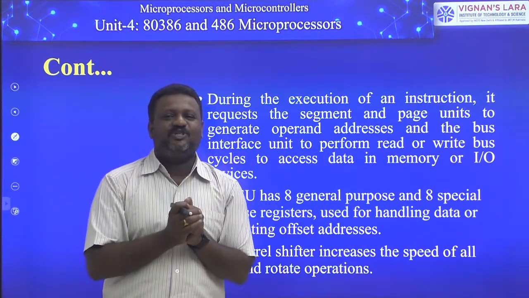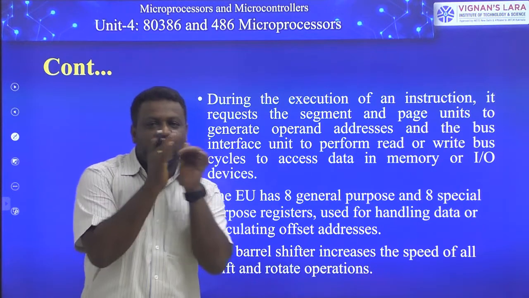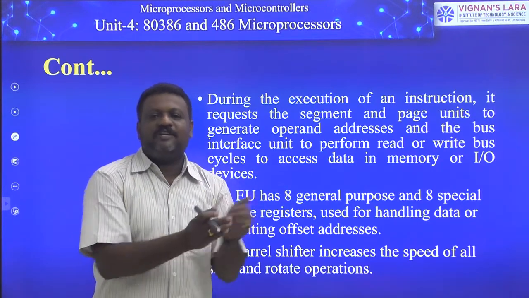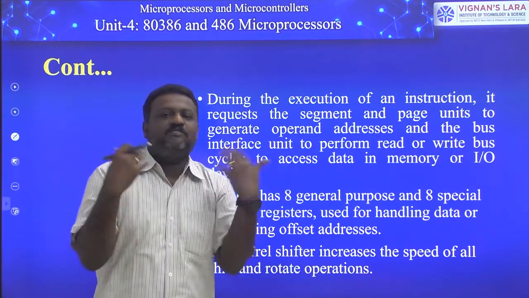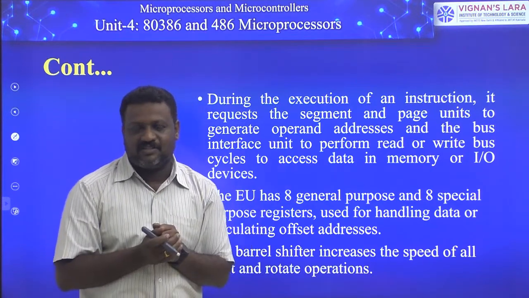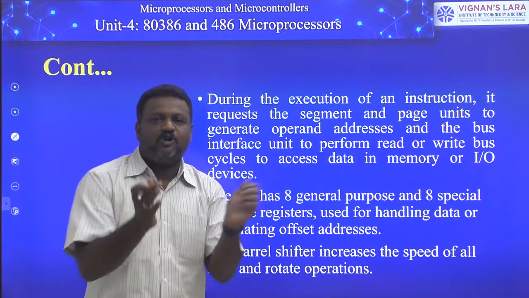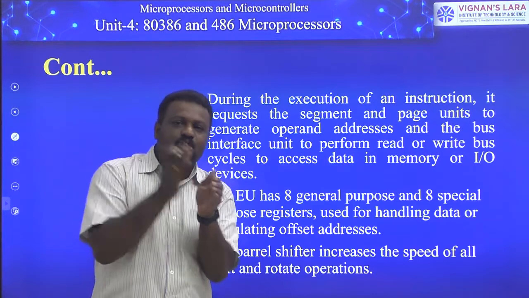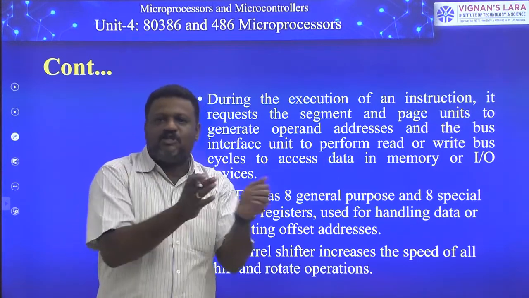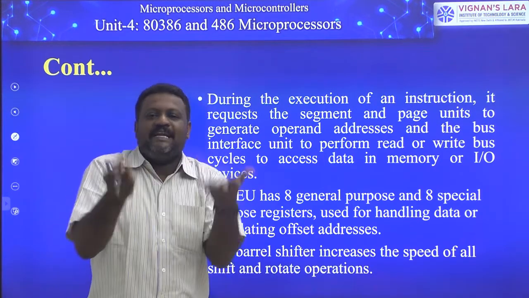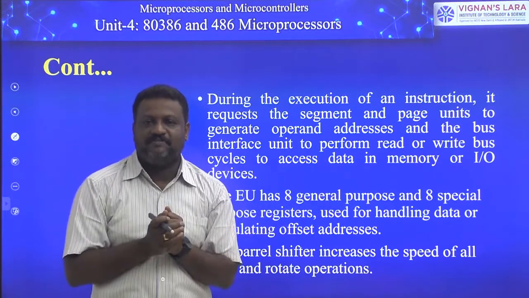So what can your execution unit do? In order to execute an instruction, sometimes it will get data from internal registers. It is not possible for all cases. Sometimes to execute an instruction, you need data either from memory or from I/O devices.